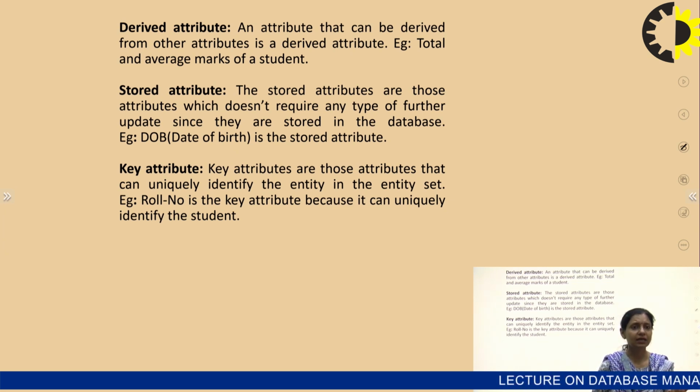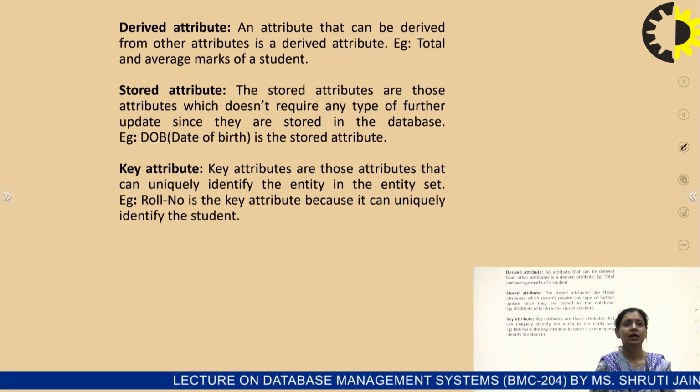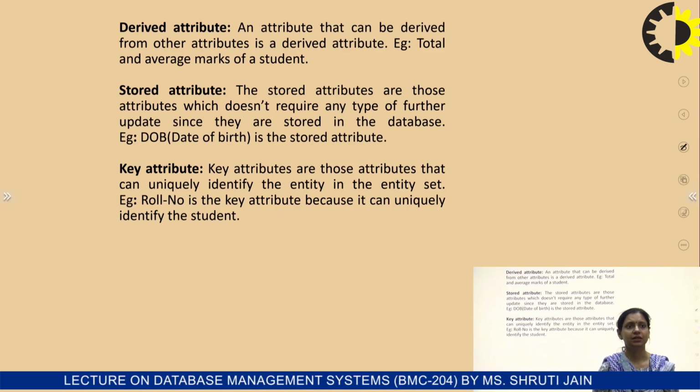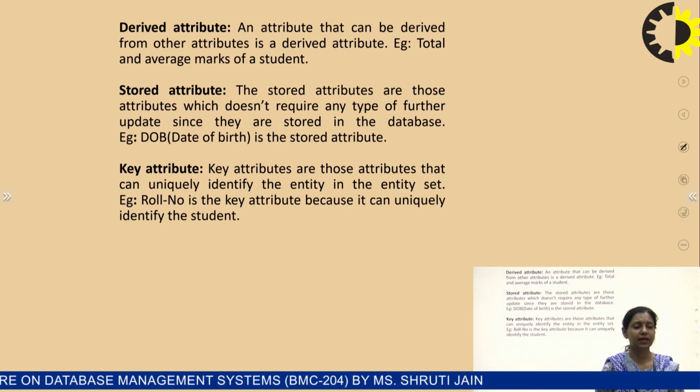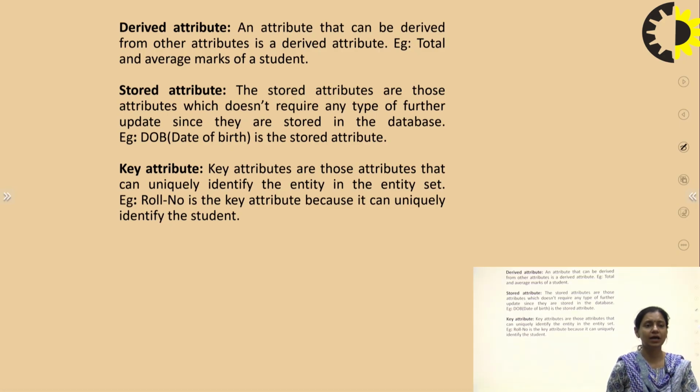That Aadhaar number is a key attribute because Aadhaar number is unique for each and every person. Similarly, considering a particular university, I take a roll number of a student and want to fetch the details of that student. That is possible because roll number is again a unique property of the student who has that roll number.